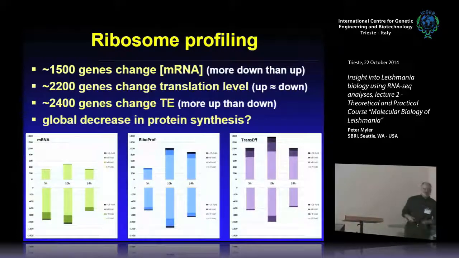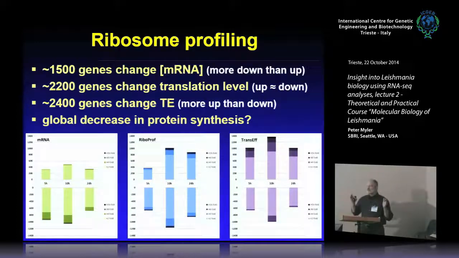We do have in the T. brucei data, and actually it's mirrored in this, that the translational machinery itself is very specific, in that normally the ribosomal proteins and the translation factors have high RNA levels, but only relatively modest translation levels. And that translation is exquisitely sensitive to growth rate.